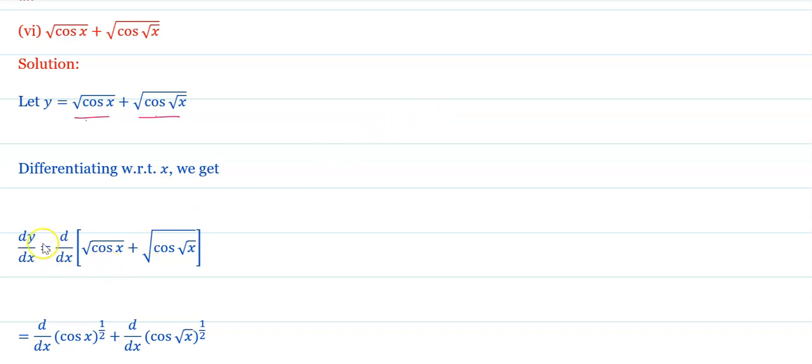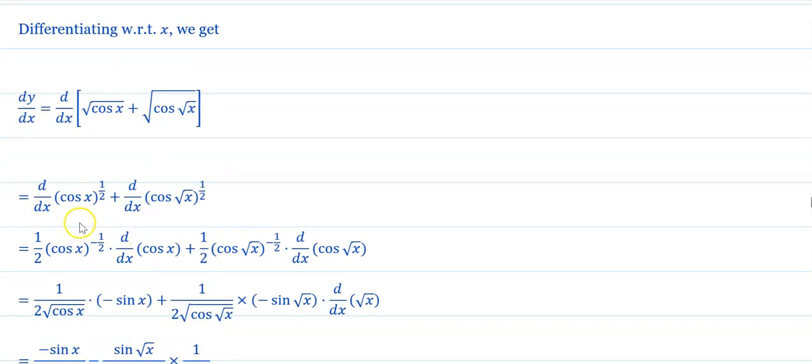Similarly, differentiating with respect to x, you will get dy by dx is equals to d/dx of root of cos x plus root of cos of root x. Now here, the d/dx of root of cos x means what? Cos x raised to 1 upon 2.